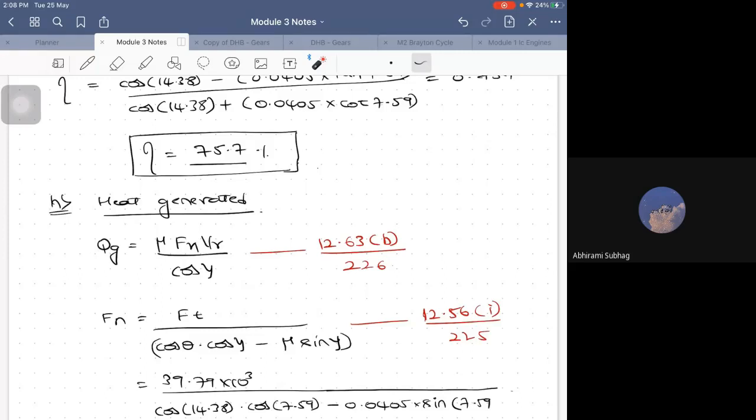Substitute all the things. You know the value of Ft, you know the value of theta, you know the value of gamma.